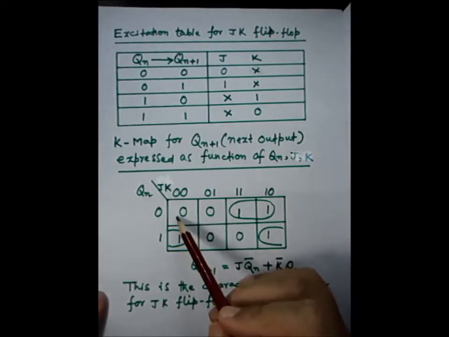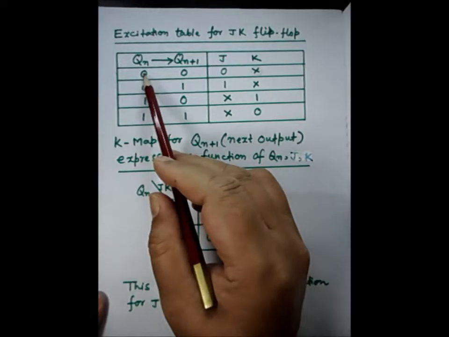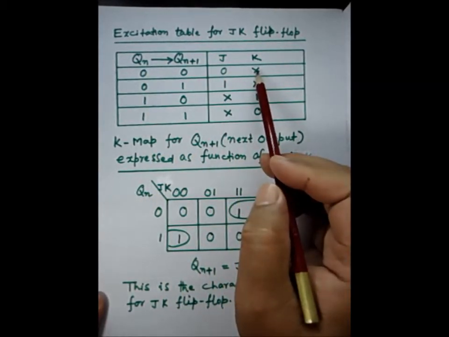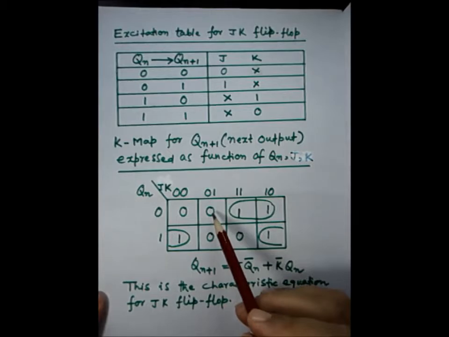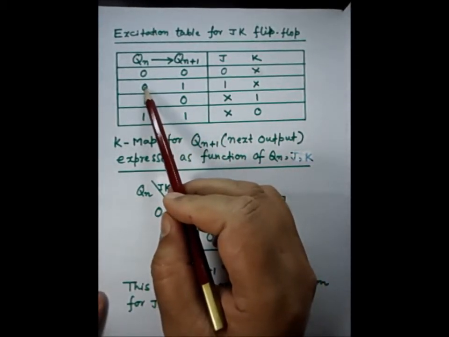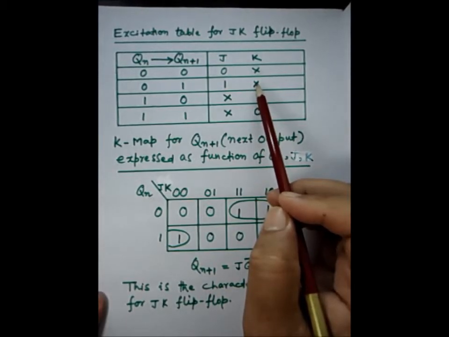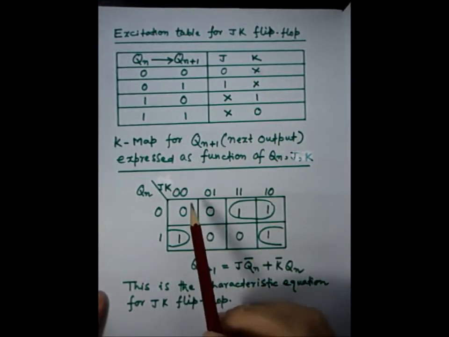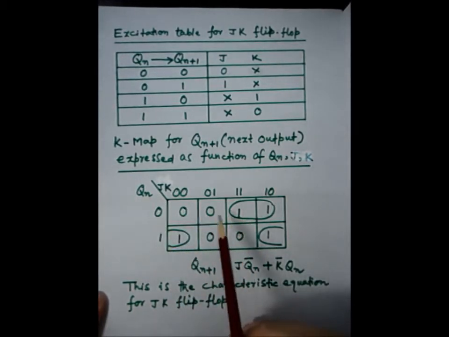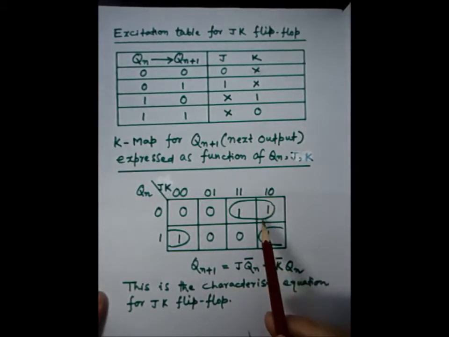Therefore, this is the block for Qn plus 1, and we have put 0. Now, Qn equal to 0, j equal to 0, k equal to 1: that is also 0. Now, in the next row, when the previous state was 0, j equal to 1 and k equal to 0, this is the block it indicates.